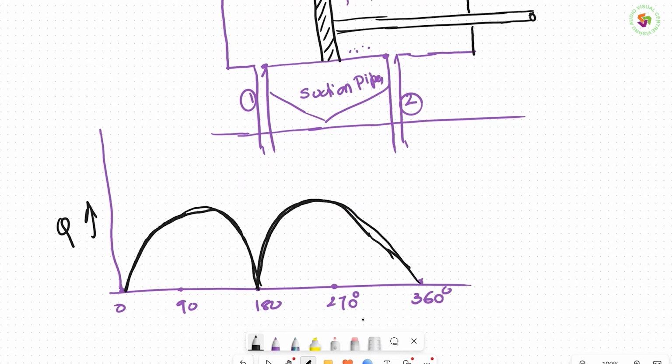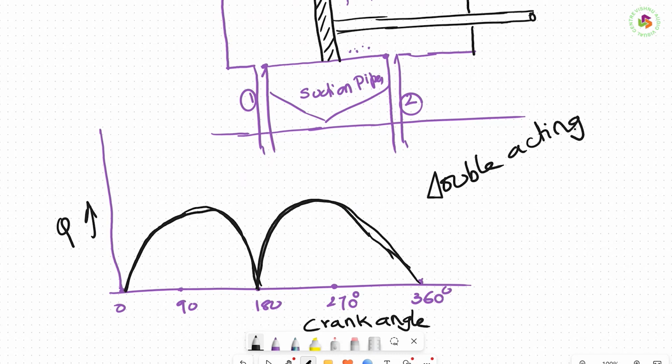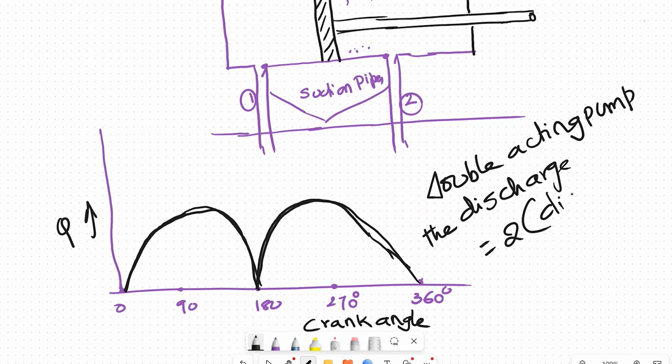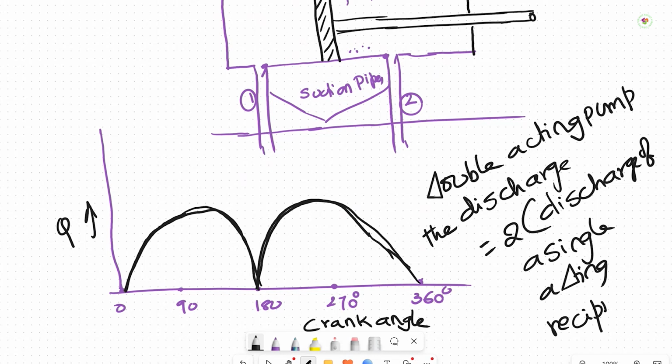That is basically the advantage of the double acting pump. The discharge in the double acting pump is 2 times the discharge of a single acting reciprocating pump.